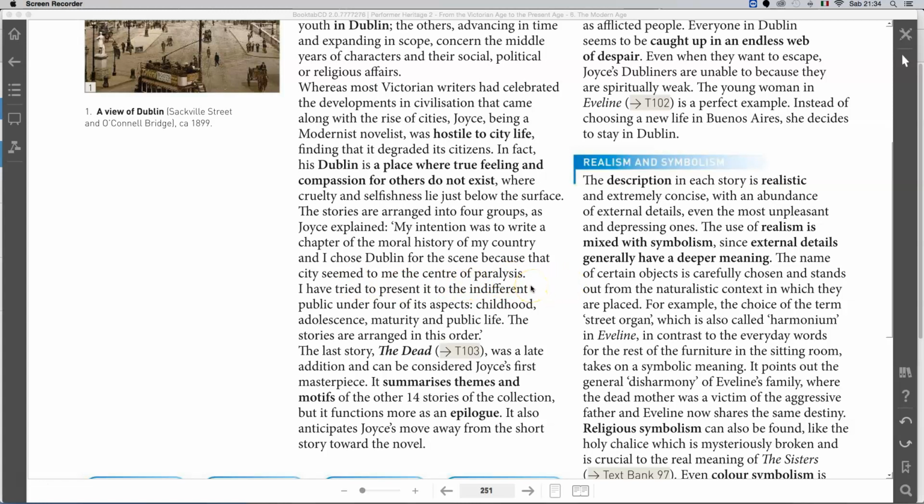Paralysis, the lack of action, the incapability of the characters to act, to move their lives.